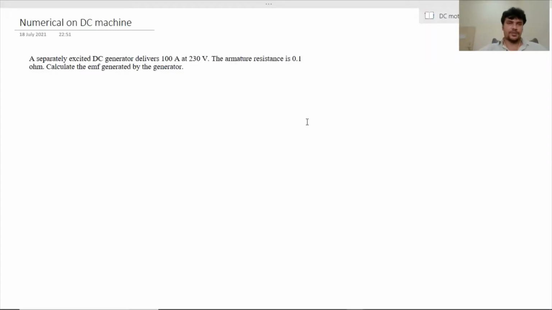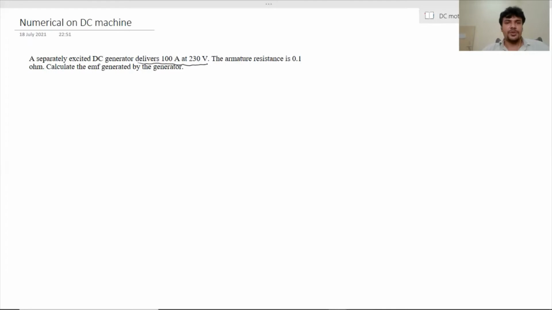So this is the first question that I am taking, and this is a simple question, but it will teach you a lot. So just see what is this question. It says that a separately excited DC generator delivers 100 ampere at 230 volt. This is the usual language that comes in exam.